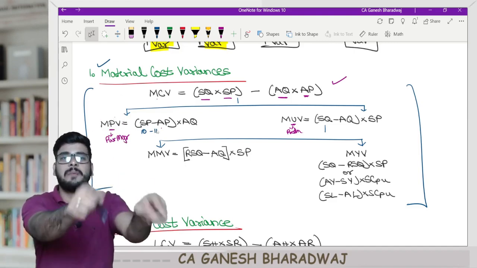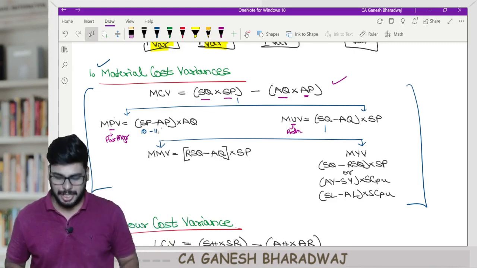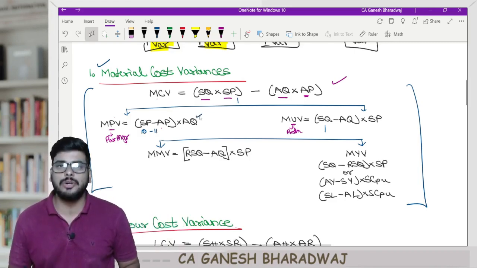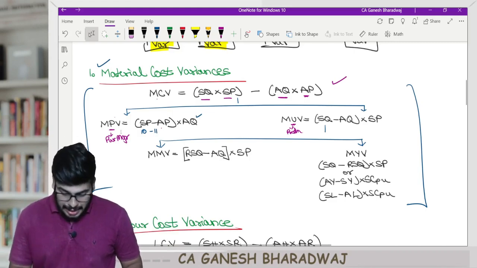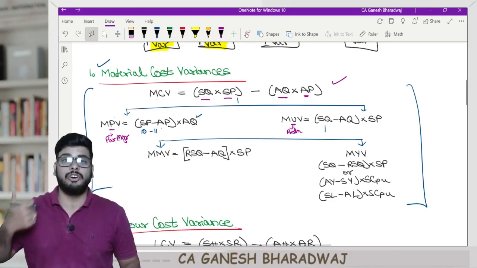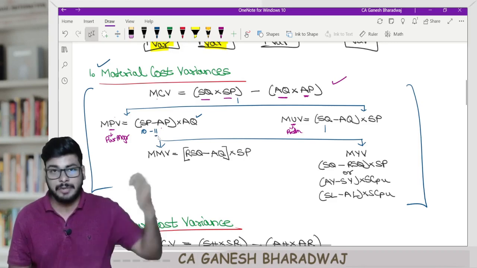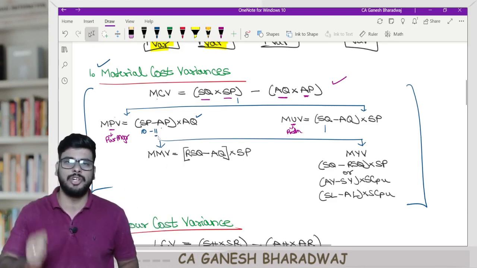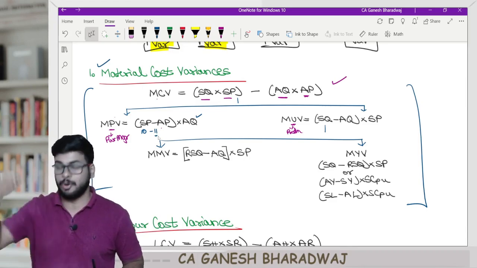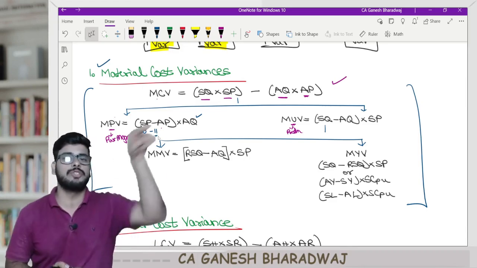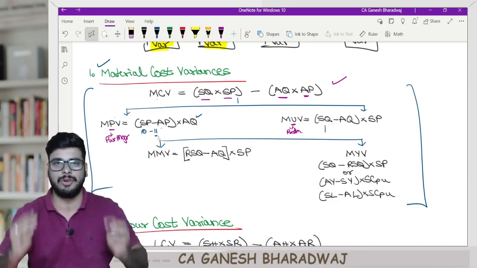So now I'm clearly pinning out the responsibility on the purchase manager, into actual quantity. Why am I multiplying this with actual quantity? Because this purchase manager has authority only to fix the price at which he can purchase. He has no control over the quantity that requires to be purchased. Why? Because it is the production manager who tells him how much quantity he needs to purchase. Are you clear with this?